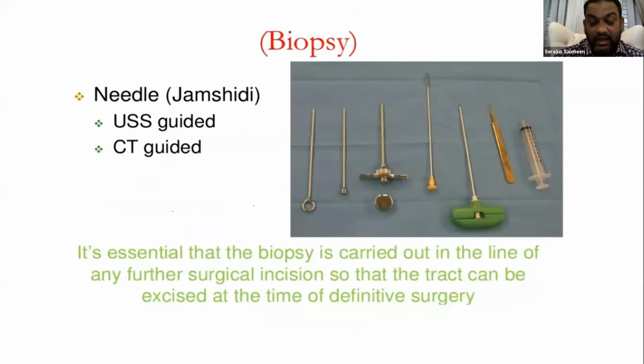But ideally, needle biopsy is better for diagnosis of bone tumor. We should do the biopsy by Jamshidi bone marrow needle biopsy. It is available in our country, and we can do it ultrasound guided or CT guided or even C-arm guided.